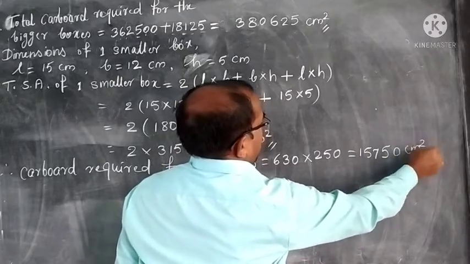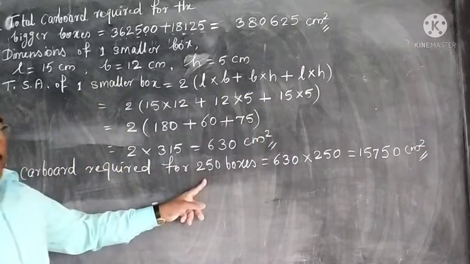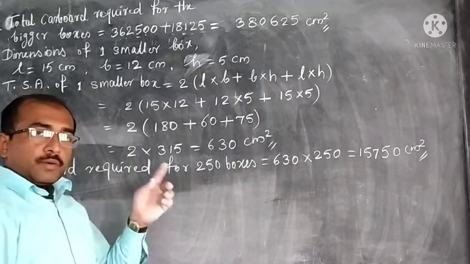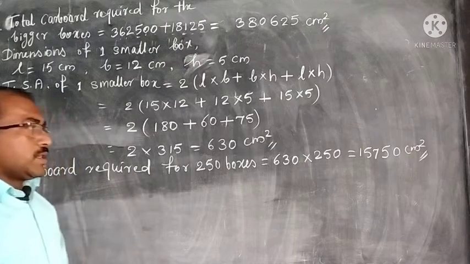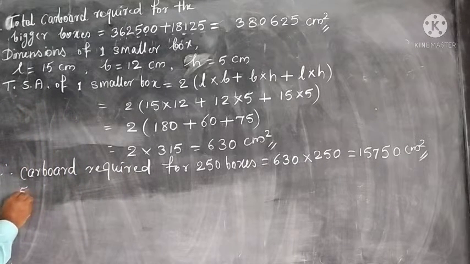This much is needed for 250 boxes, and 5% is going extra for overlapping and all.